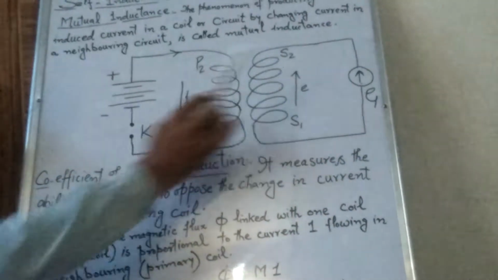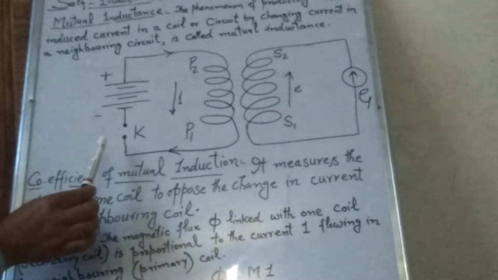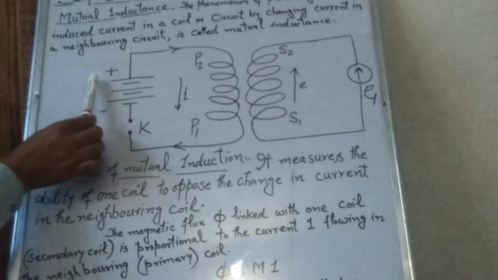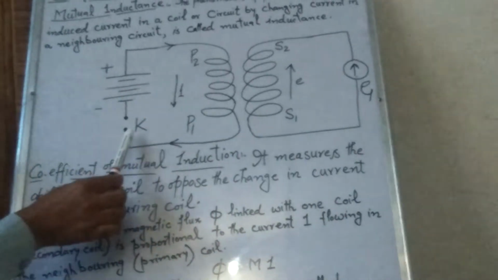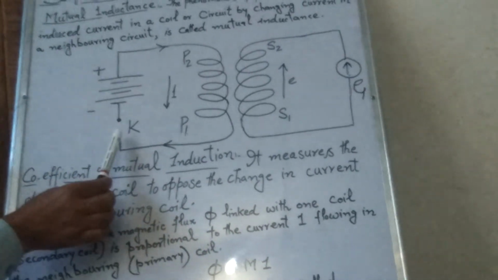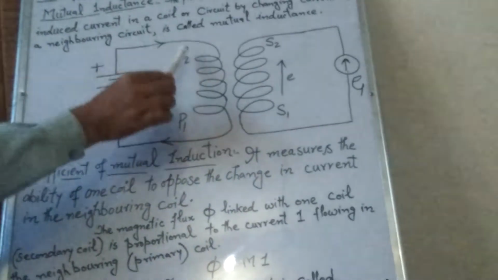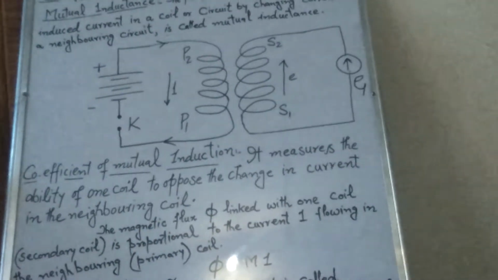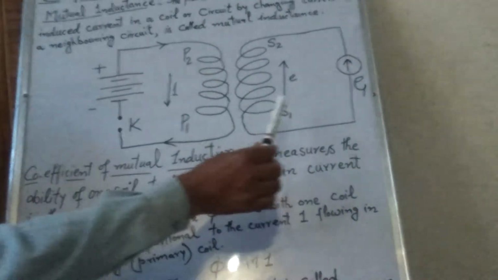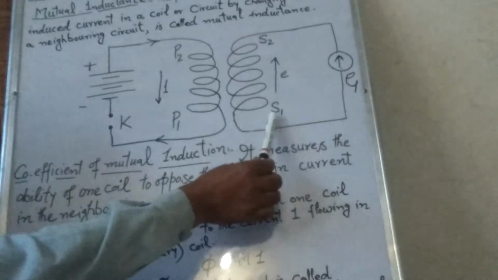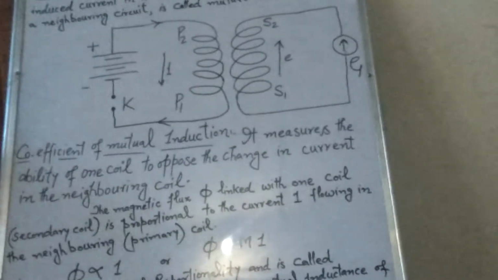The primary circuit P1, P2 is connected with a battery and a key K. As the current passes through the circuit, we will observe in the secondary coil S1, S2 a deflection which is shown by the galvanometer.